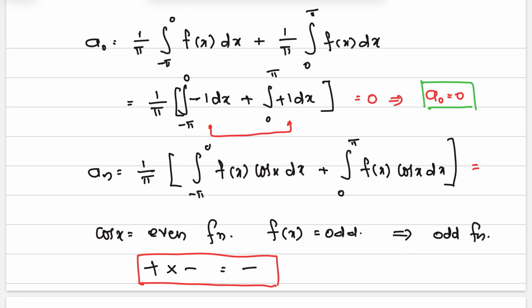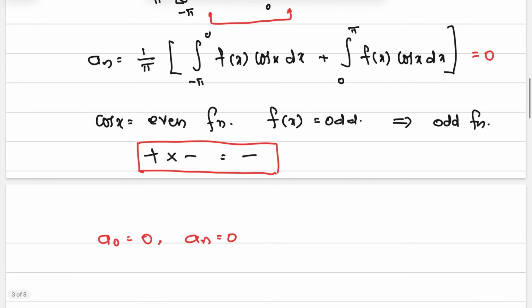That means a naught is equal to 0 because f(x) is odd, and a n is equal to 0 because the whole f(x) into cos nx is odd.